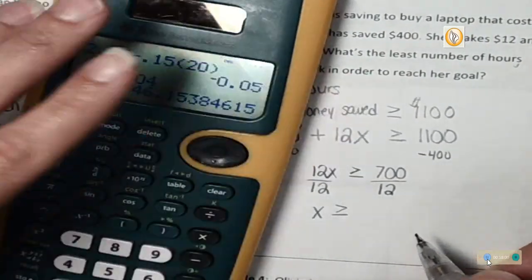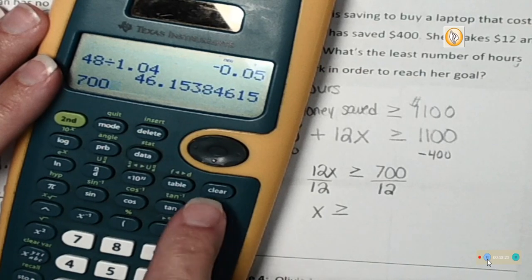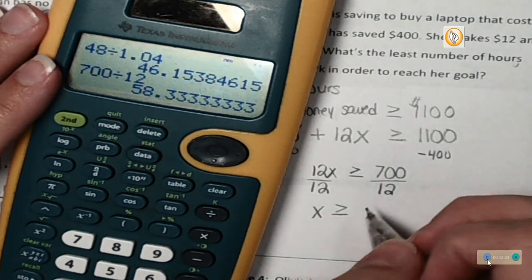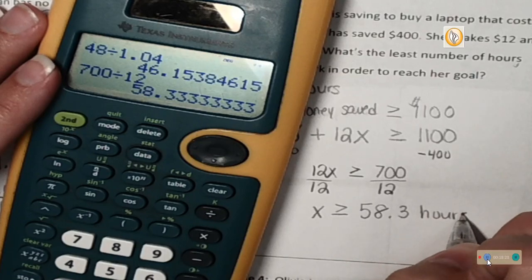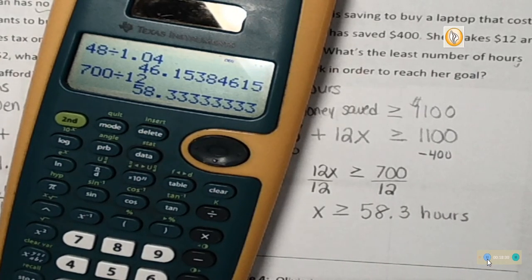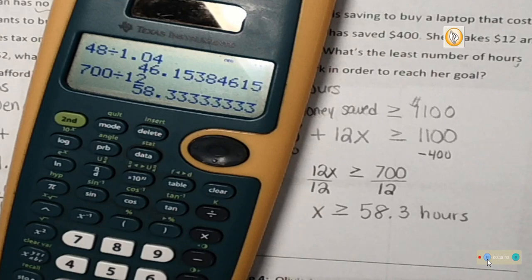Now, $700 divided by 12 hours means 58.3 hours. Now, let's be honest. Y'all know how babysitting works, all right? If she's at work, is she just going to be like, deuces, that's my 0.3 of an hour. I need my money so I can go get my computer. No. You got to figure out, does she need to work that whole hour or could she just stop at 58?